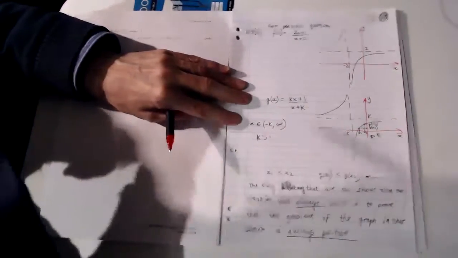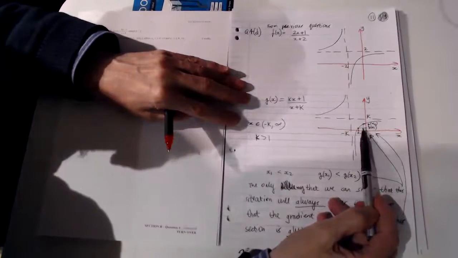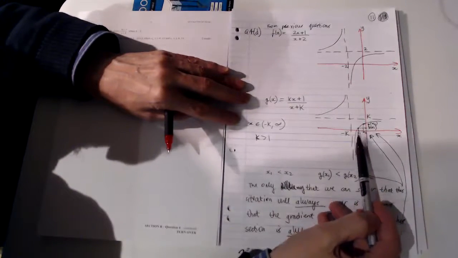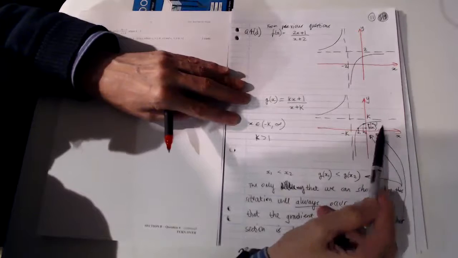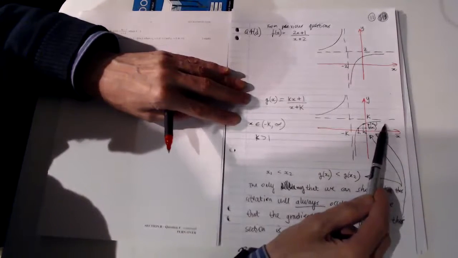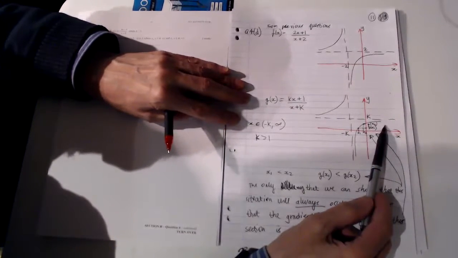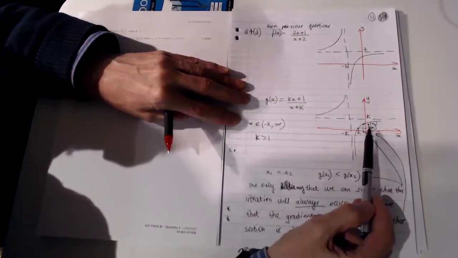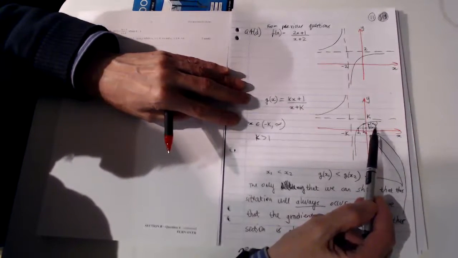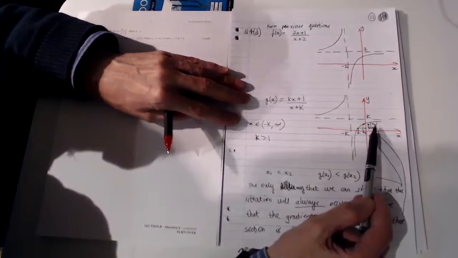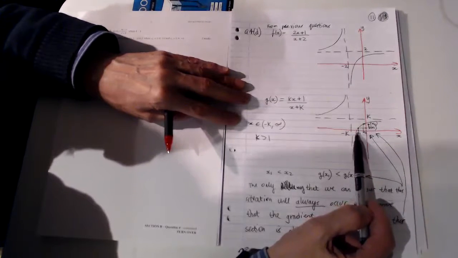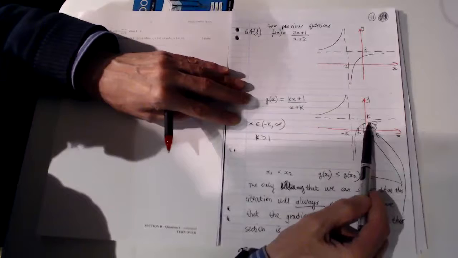Well, by taking the following approach. When you think about it, all along here the curve has a positive gradient. The way the question is set up, for g(x1) to be less than g(x2), there has to be always a positive gradient.